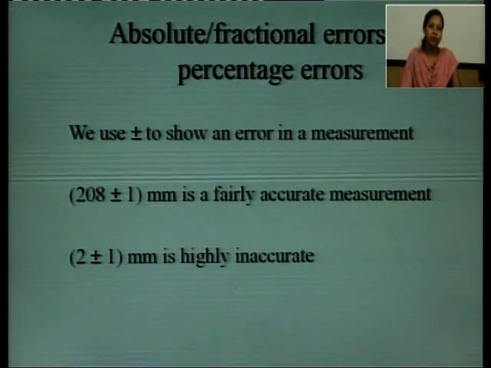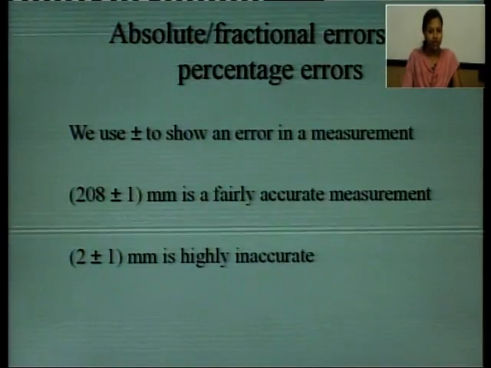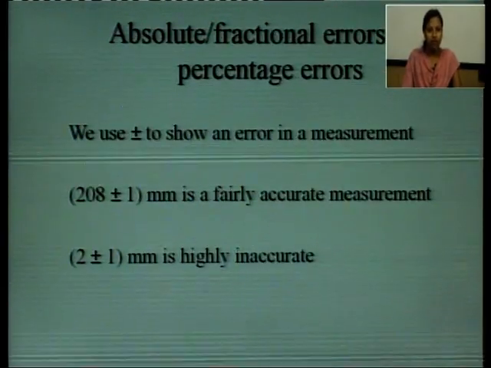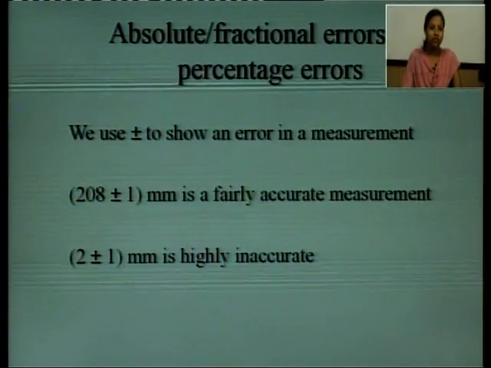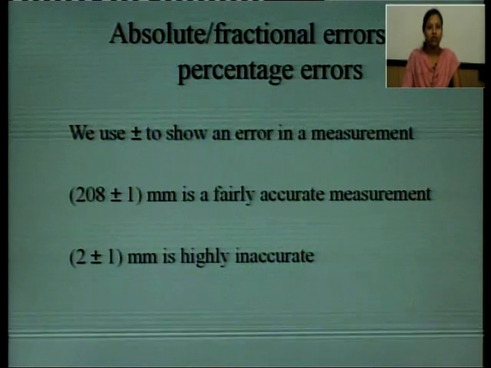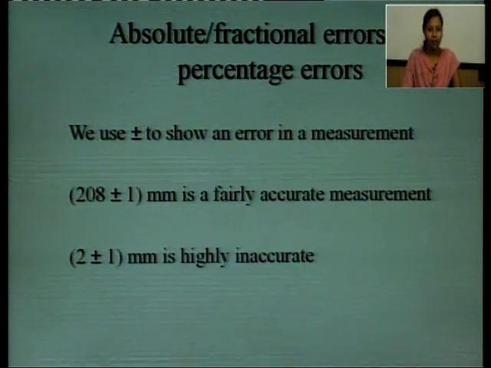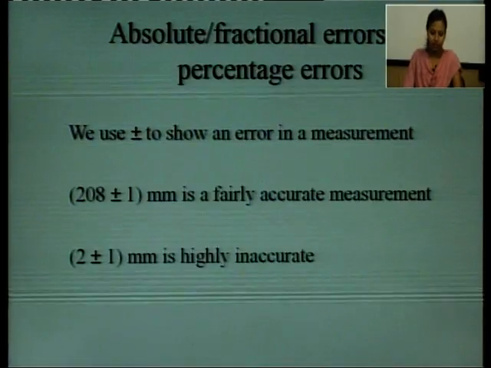The first example, 208 plus minus 1 mm, is a fairly accurate measurement, while 2 plus minus 1 mm is a highly inaccurate measurement, because the error involved is more in the second case as compared to the first case.